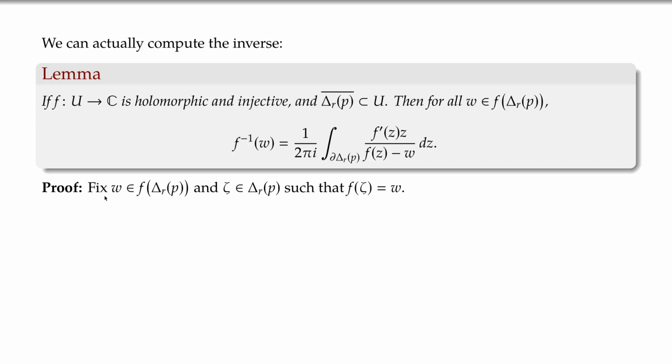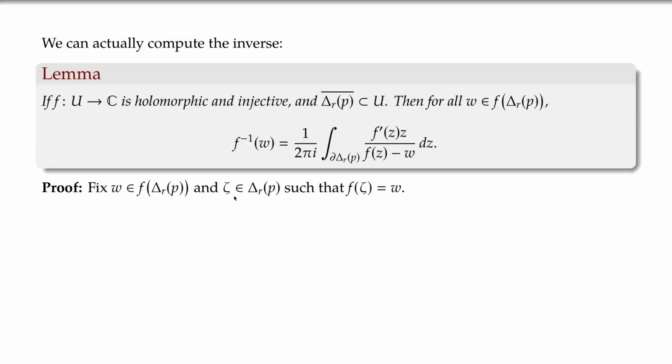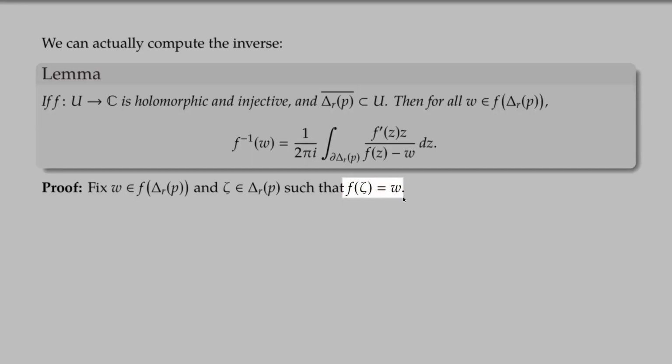All right, so the proof of this formula is, well, let's fix some w in this image, and let zeta be the point that goes to w, so that f of zeta is equal to w.